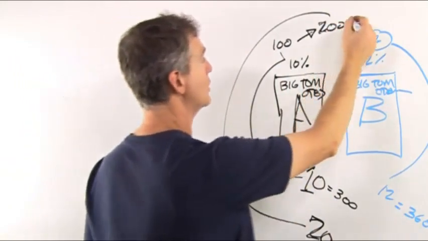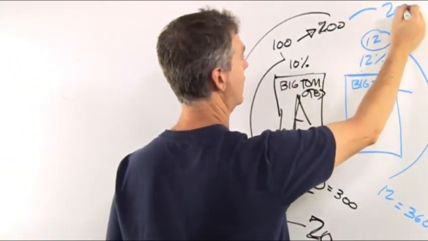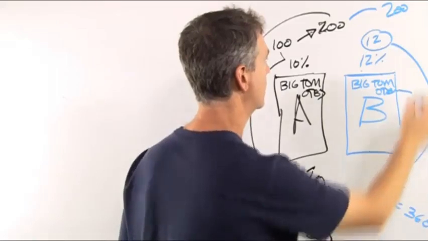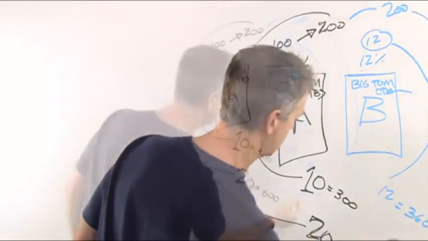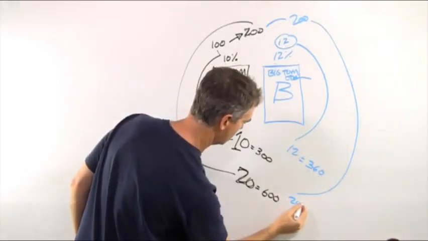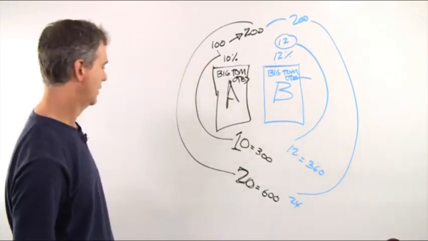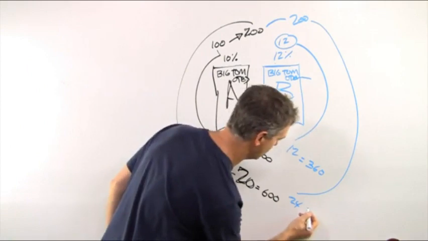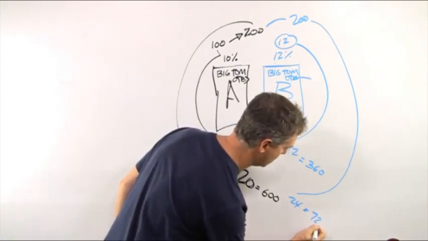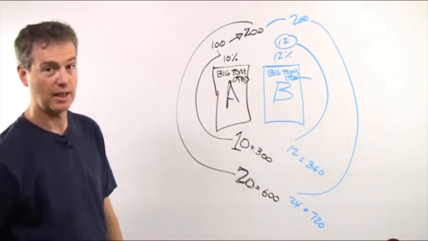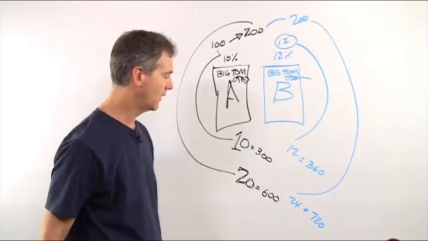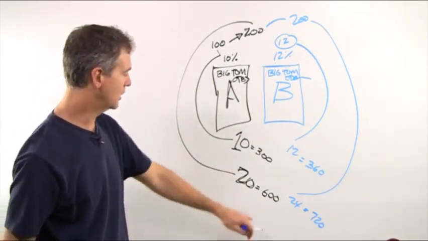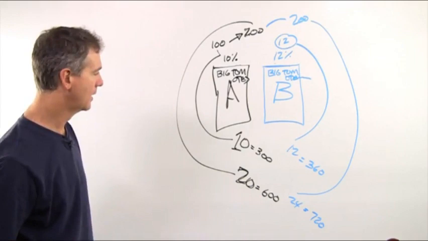Now, if you did do this whole big traffic jump and somehow figured out how to get it up to 200 a day, now you're getting 24, okay? And what's that going to be? That's going to be 720. I long ago learned not to do math on camera, but I'm pretty sure that'd be 720, because you would increase this number by 20%.